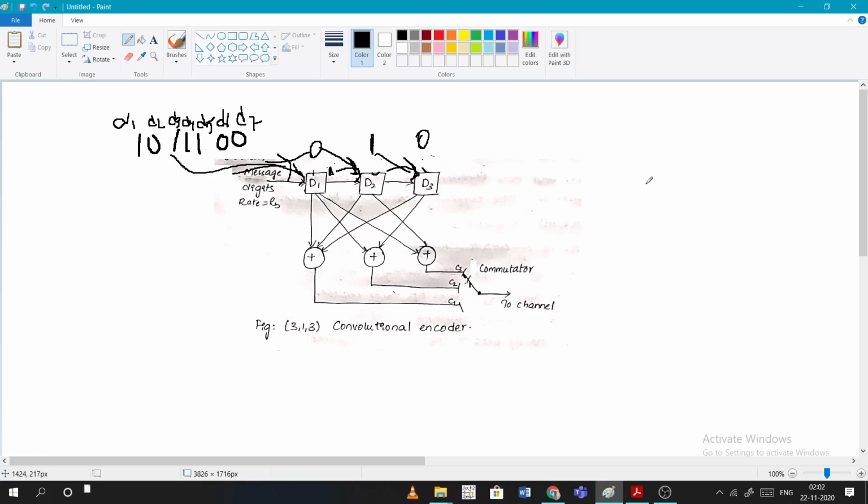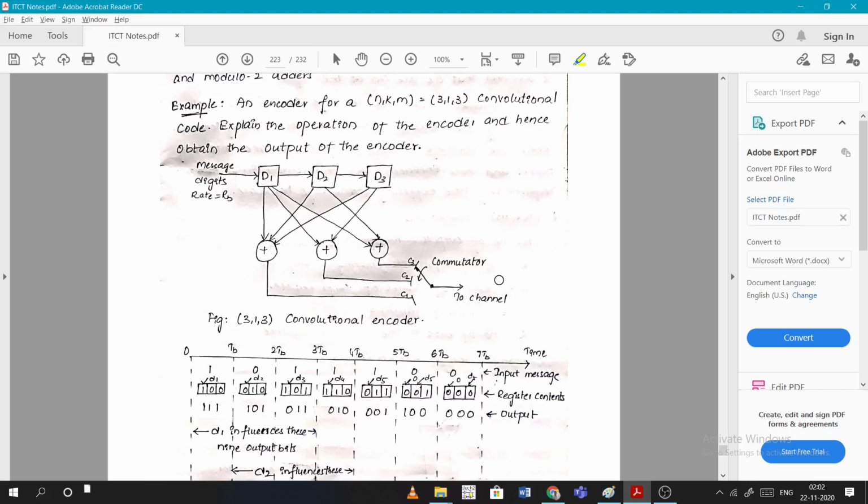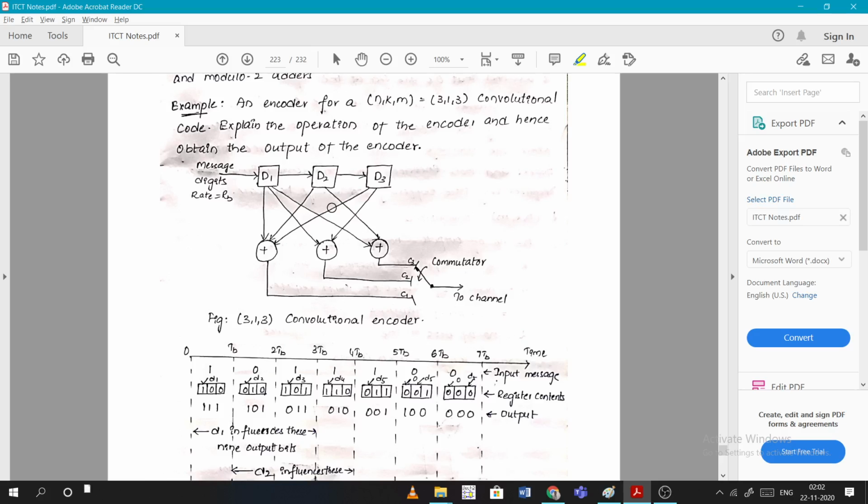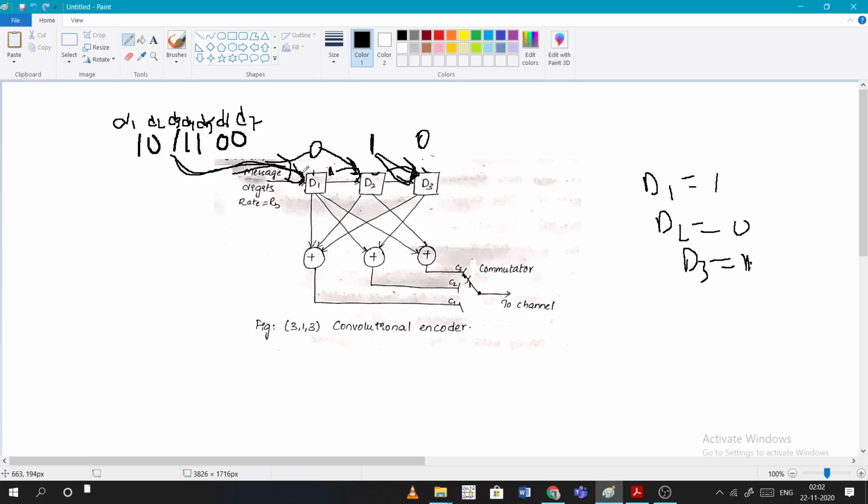So D1 will be 1, D2 will be 0 and D3 will be 0. Sorry, D3 will be 1, because this one will be shifted to D3. This 0 is coming here and this one will come here.